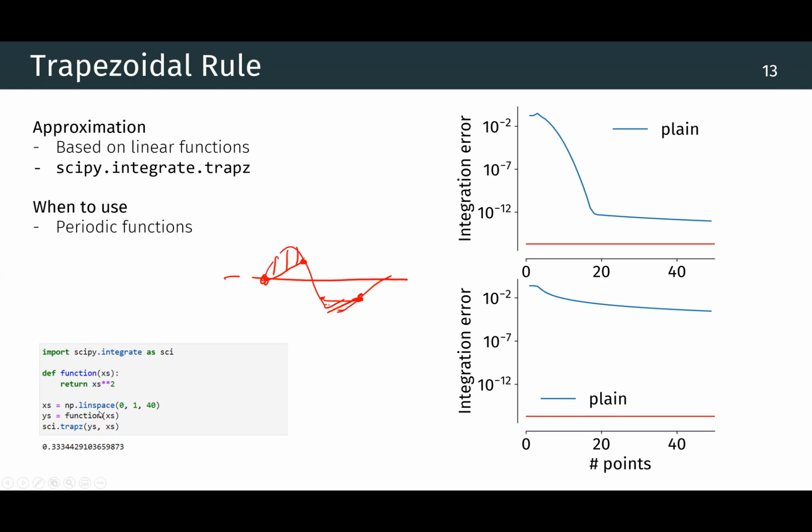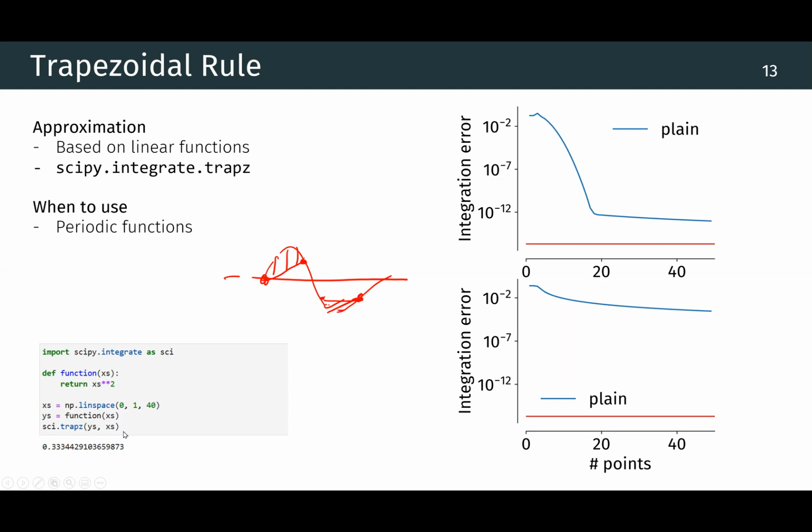It's also easily implemented, with one nasty catch. Whoever implemented this prefers the order of arguments to have the y's first, not the x values. So unlike all other SciPy integrate functions, this is reversed. Again, you have your function that calculates x squared, and then you get your x values, in this case equally spaced from 0 to 1, 40 points.